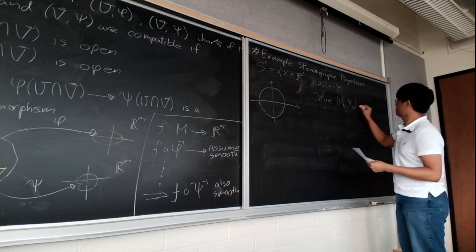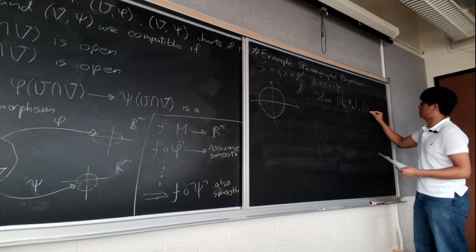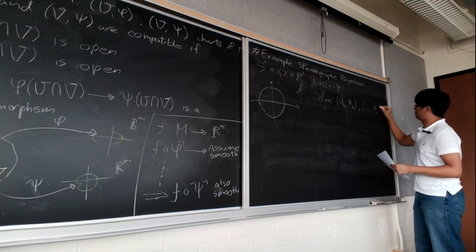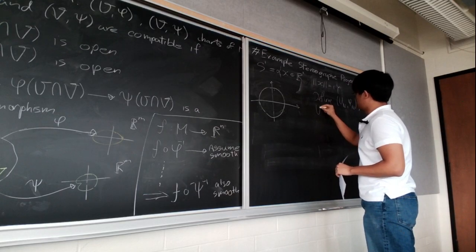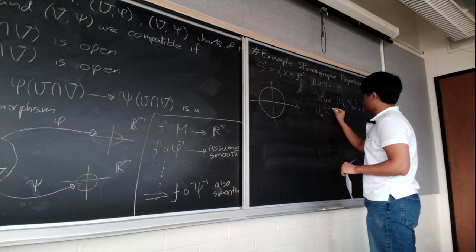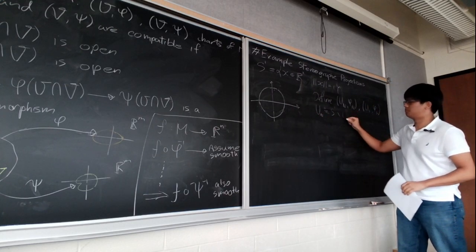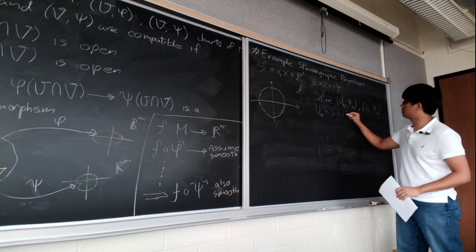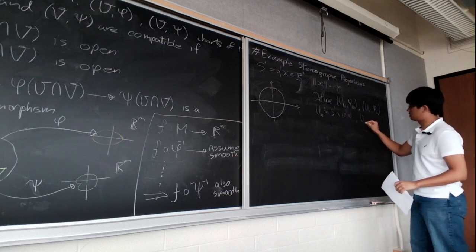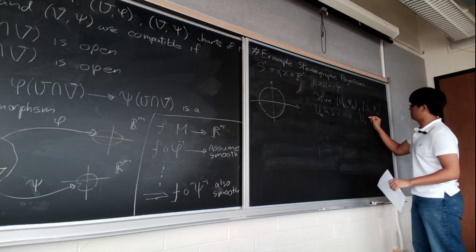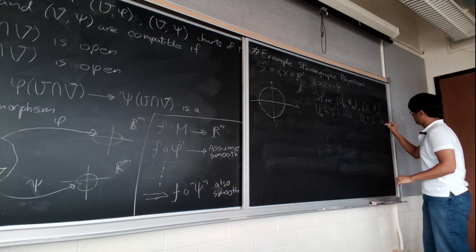We're going to give it two charts. I'll call them north and south, represented by N and S. First I should describe what my subsets are. U_N is just equal to S1, but we get rid of this top point, (0, 1). And fittingly, U_S is our circle, but I get rid of this southern point, (0, -1).